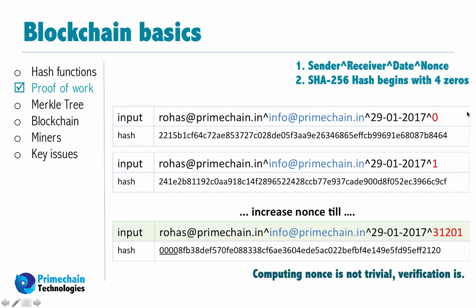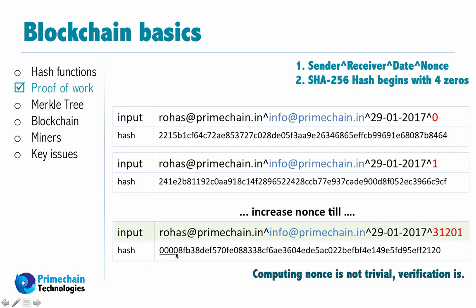Now as you can see, when we take this nonce to be 0, the hash doesn't begin with 4 zeros. So we go to the next step. From 0 we make it 1. We again hash, again it doesn't begin with 4 zeros. So we keep incrementing this 0, 1, 2, 3, 4, 5 till we reach the nonce value 31201, and here we notice that the hash begins with 4 zeros.